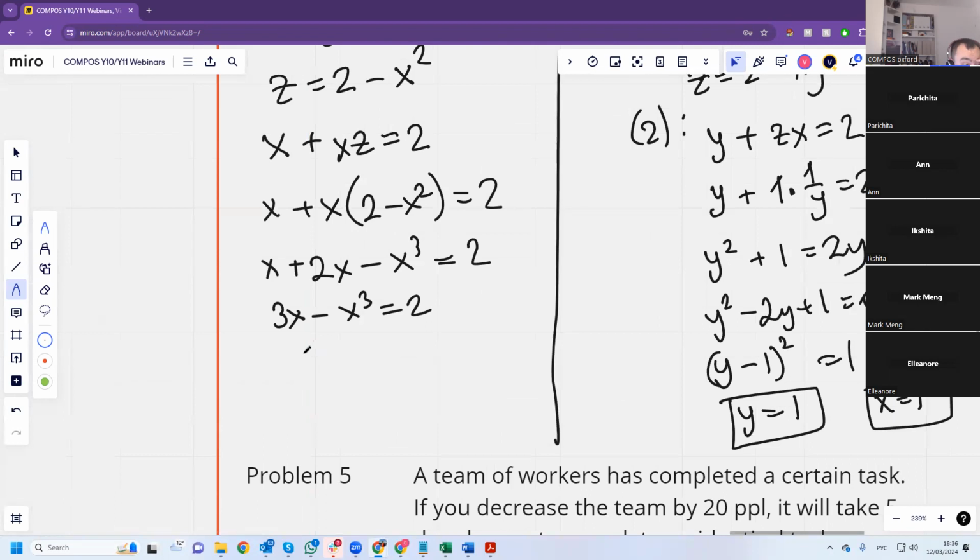Oh, that's not pretty. x cubed minus 3x plus 2 equals 0.